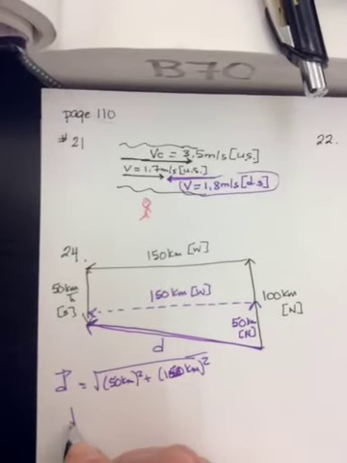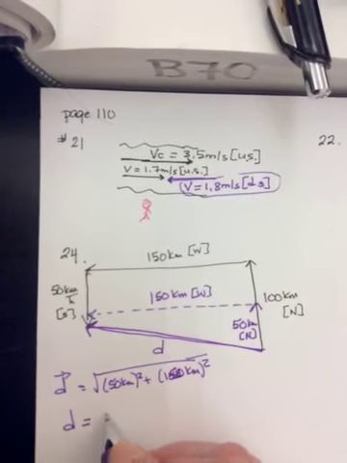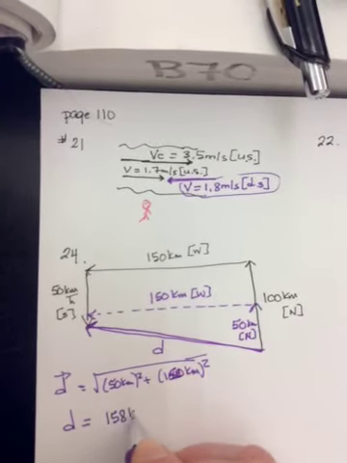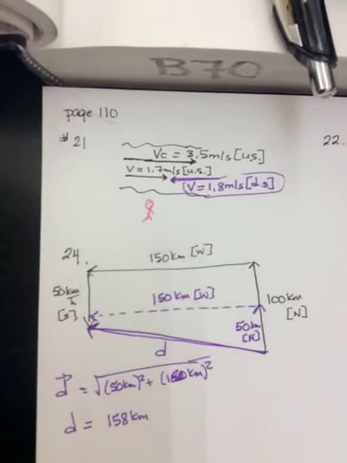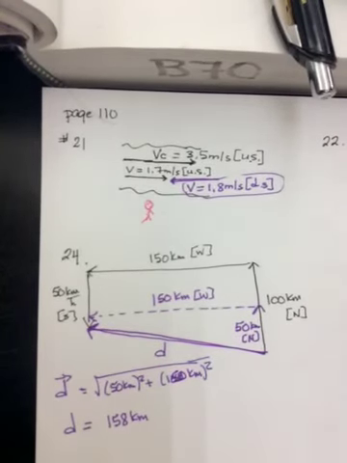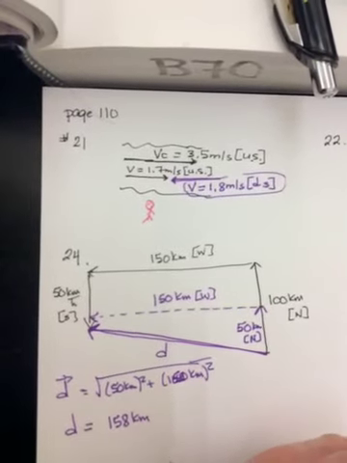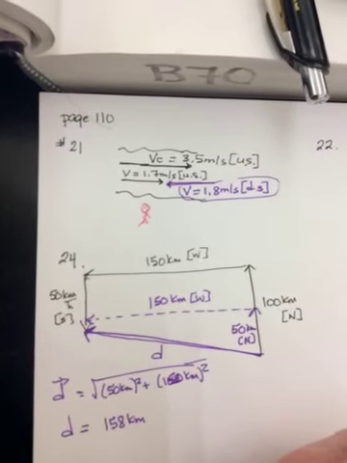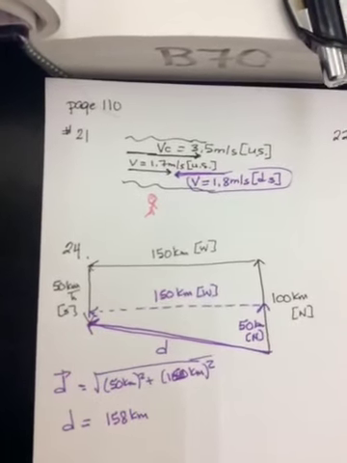And when you do that, you get d to be 158 kilometers. 50 squared plus 150 squared, I'm just checking on the calculator, 158.11. And I kept 3. I really probably should have kept 2, but I'm keeping 3 because I don't want to round it to 160.